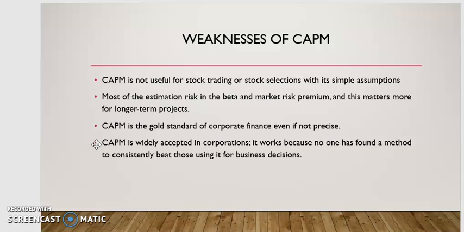We might make an error when choosing whether to invest or not invest in an asset. Most of the estimation risk in the beta and market risk premium is mainly for long-term projects rather than for short-term projects. Hence, it becomes vague to use the capital asset pricing model.